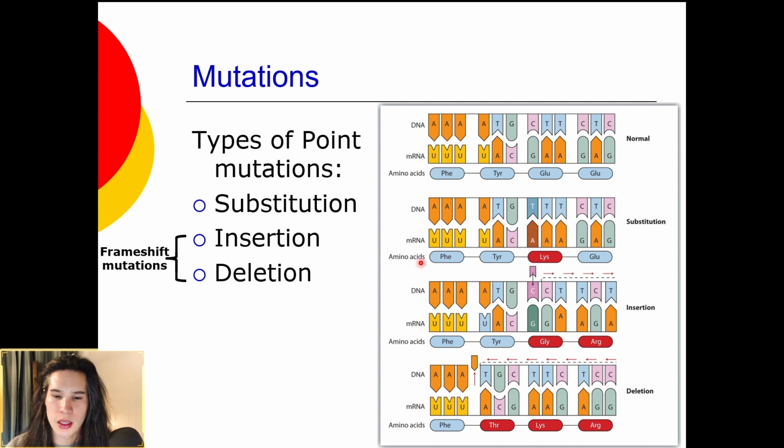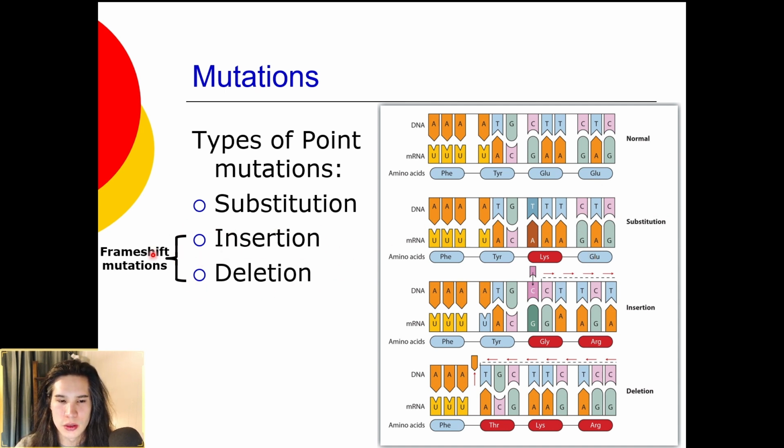And eventually, now we've made a different amino acid sequence, a different protein. We have phenylalanine, tyrosine, lysine instead. So that's a substitution mutation. Those compared to these other two could be pretty benign.